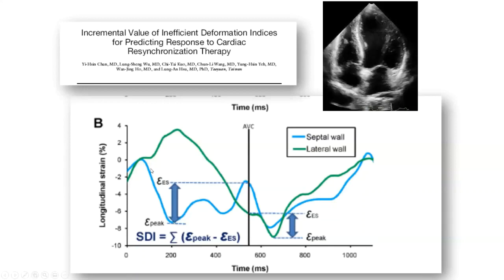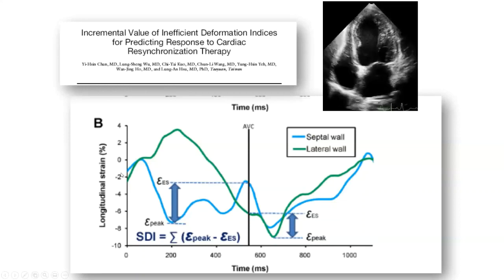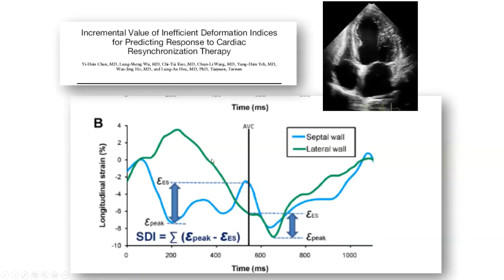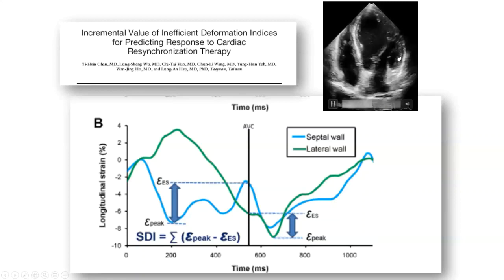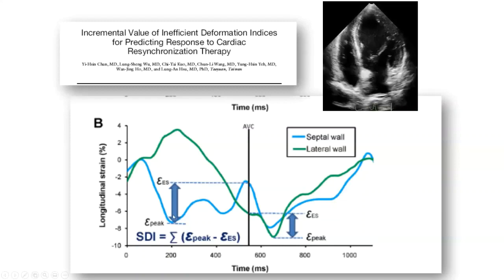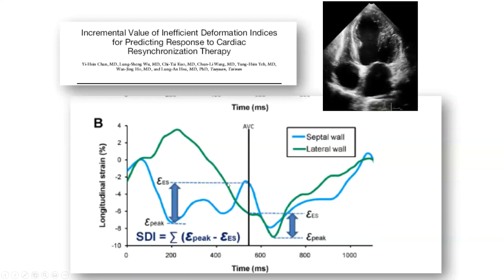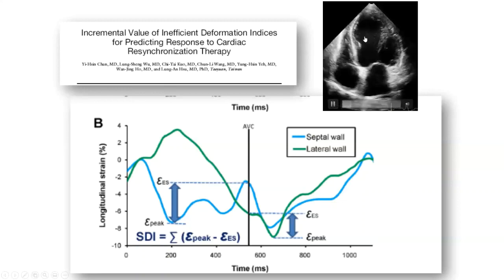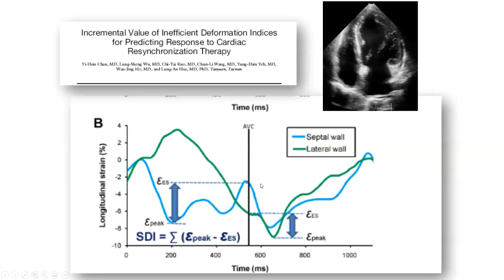No, I'm sorry, let me start this again. The lateral wall expands early in systole because when the septum contracts, it preloads the lateral wall. And so when the lateral wall finally contracts later in systole, it produces a very robust outward motion of the septal wall.